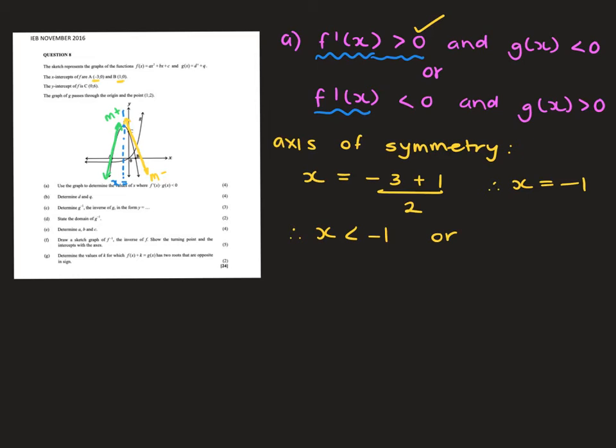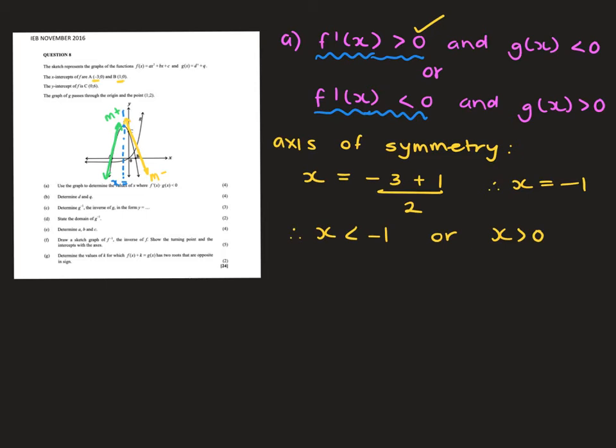The second scenario is saying, where is the gradient negative but the exponential graph is above the x-axis? We can see that the exponential graph is above the x-axis after the origin, and in that area we have the negative gradient. So your second part of the answer will be when x is greater than 0.